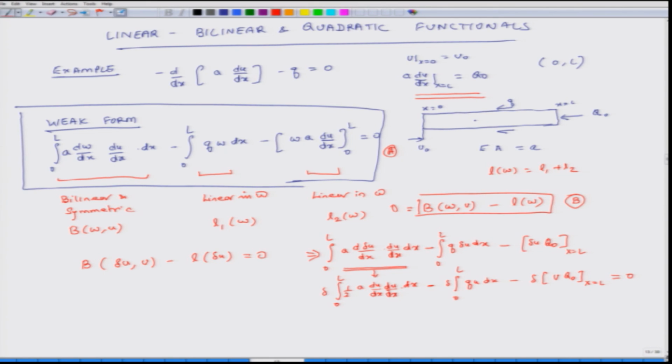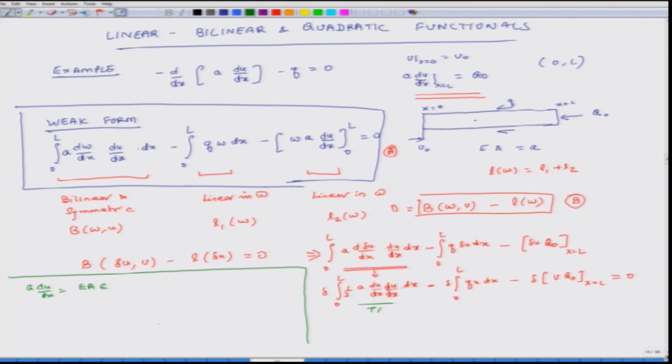Understood? Now we will look at term 1, the first term. A is E times A, and du over dx is the strain in the system.